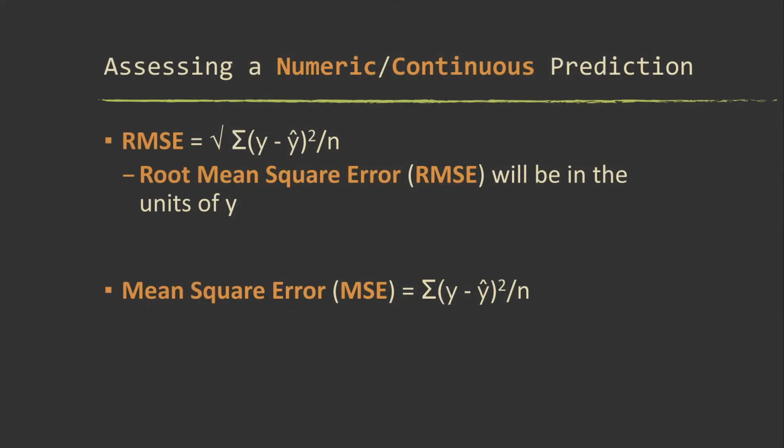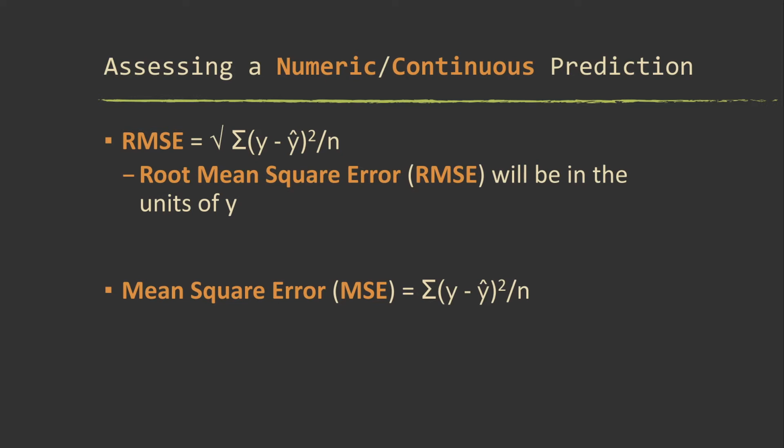Okay, so those were metrics for assessing both multi-class and binary classification output. Now we're going to look at metrics for assessing continuous or numeric prediction, so effectively regression output. Okay, so RMSE, or root mean square error, is probably the most common metric that we use to assess regression models.